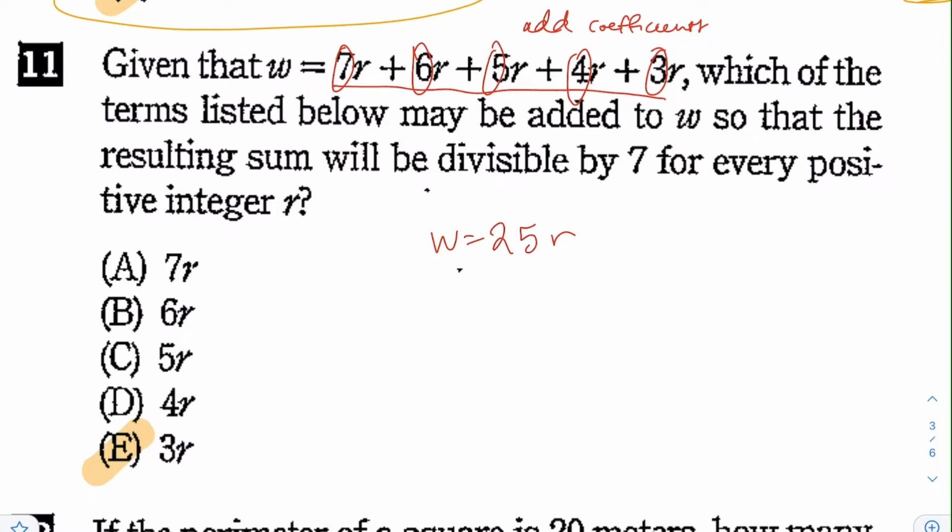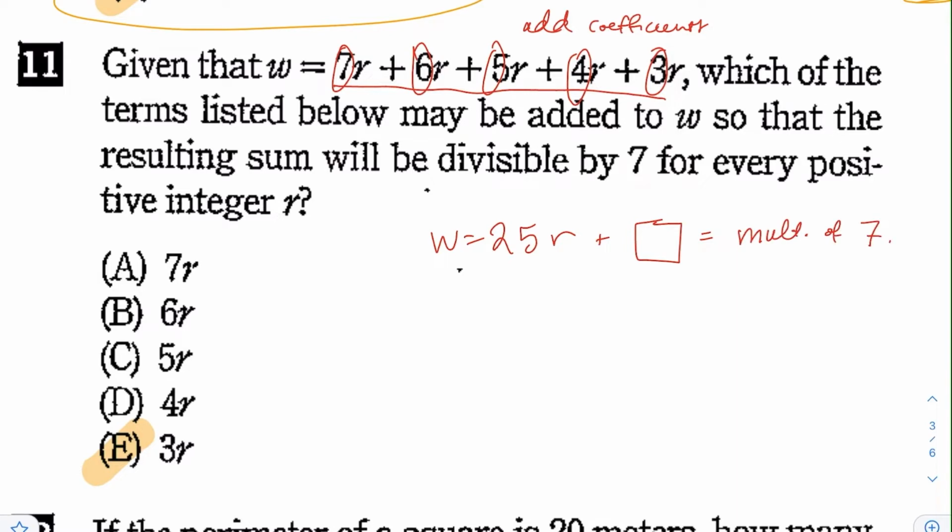And you want to make sure that if you add to W, the sum will be divisible by 7. So right now, if you add 25R plus something, that's equal to a multiple of 7.